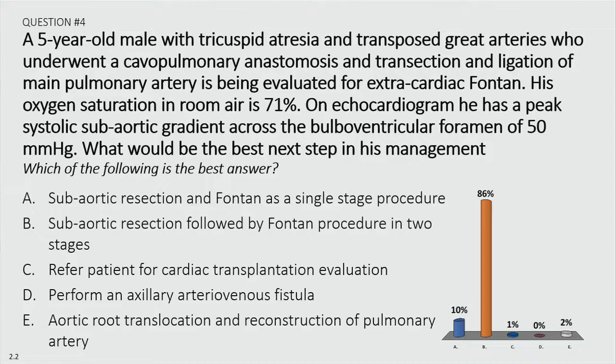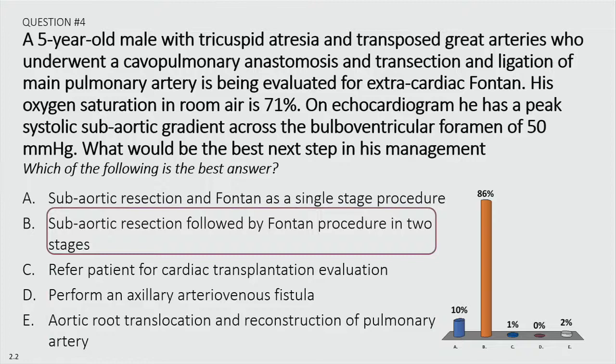So 86% of you chose B, and then the rest of you mostly A. And so our correct answer is B. We talked about this when there is significant subaortic obstruction and ventricular hypertrophy. It is better to do a staged Fontan because hypertrophy of the ventricle results in diastolic dysfunction. If you do a Fontan in a single stage, there are multiple papers talking about increased incidence of pleural effusion, and these patients take a long time to recover because the Fontan doesn't flow very well, secondary to diastolic dysfunction because of the hypertrophy.